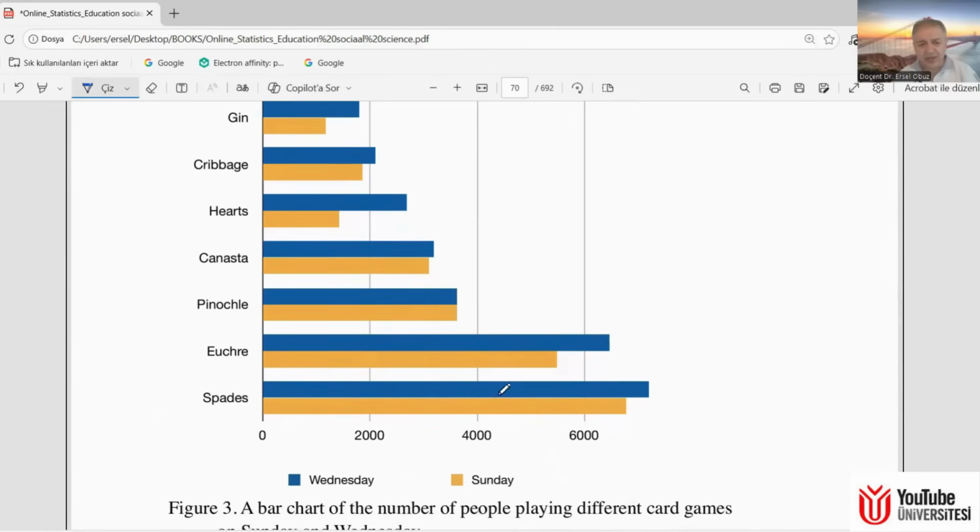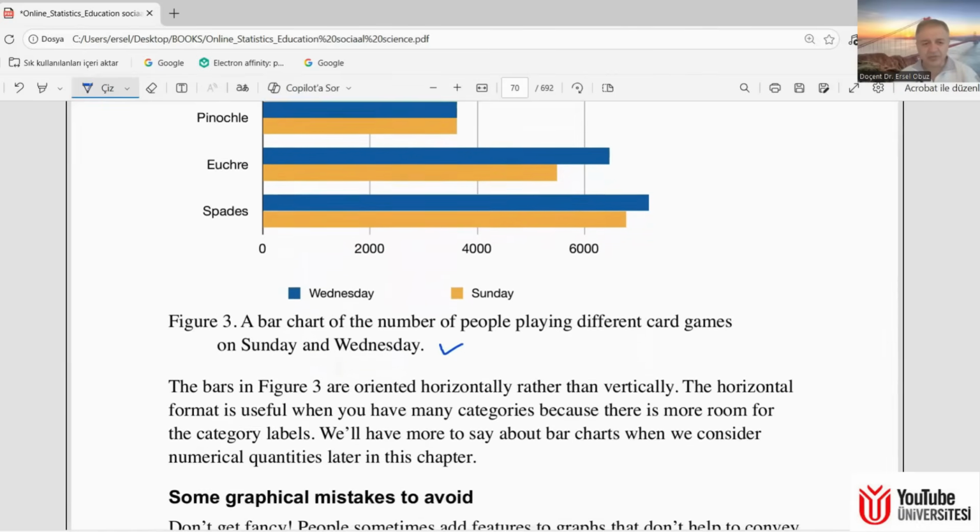As you see, in spades, people played more on Wednesday, whereas in cribbage, people again played more on Wednesday. So you can see the trend when you look at a bar chart like this. It's easy to read.